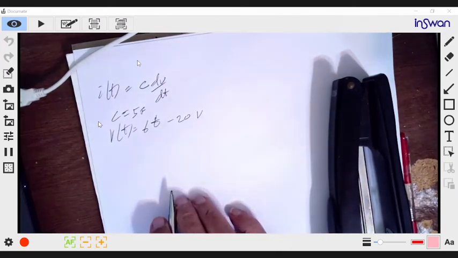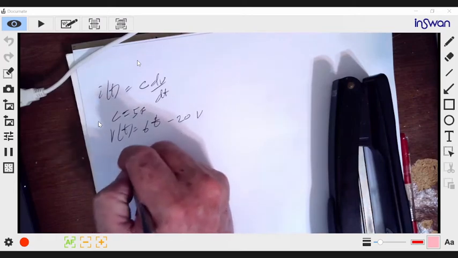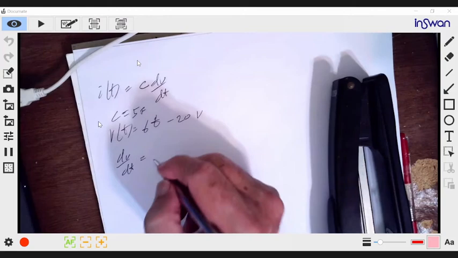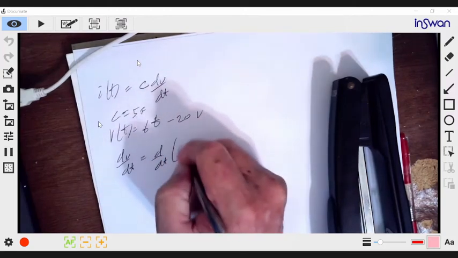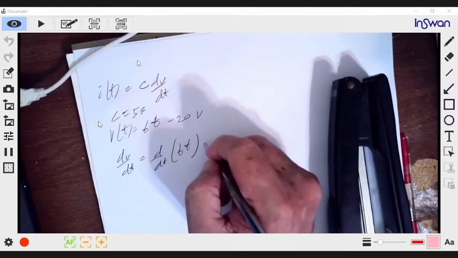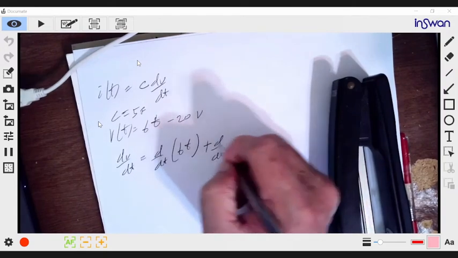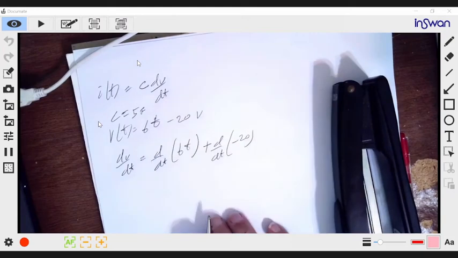So what's its derivative? What's dv/dt? Well, dv/dt is the derivative of the first term minus the derivative of the second.